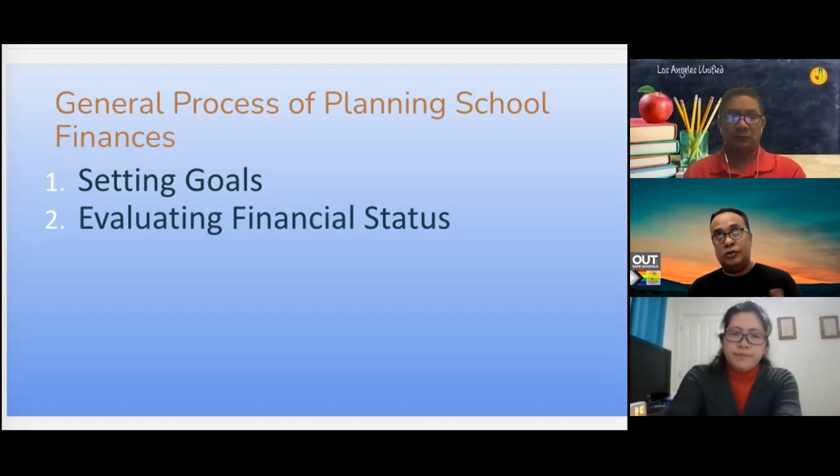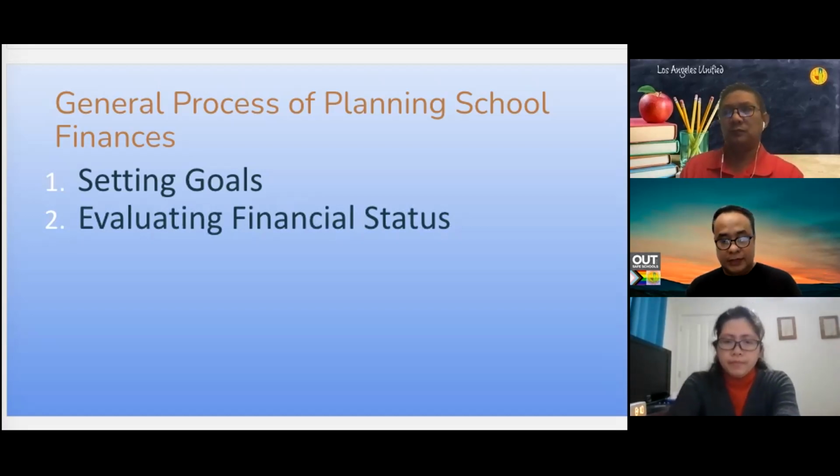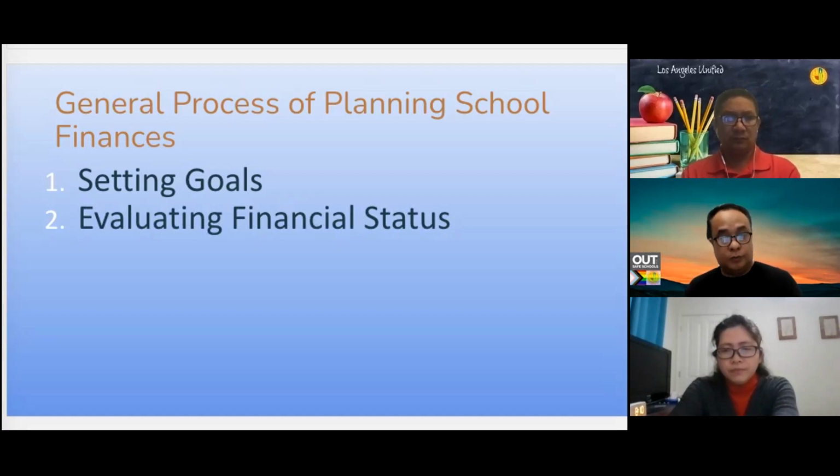That includes, say for example, what checks and balances you need to work on with regards to any expenditures and incomes coming into the school. And once you determine that, you'll be able to create the financial plan.